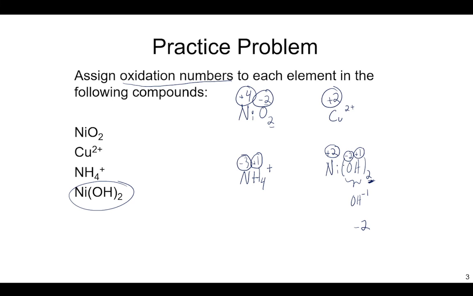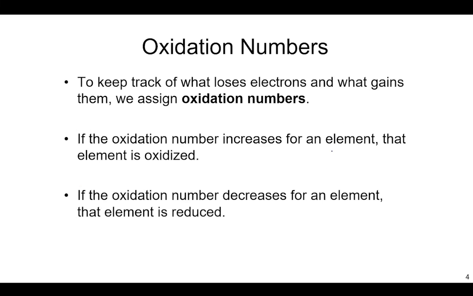Okay, now that we've assigned oxidation numbers, we're going to start to consider what happens from reactants to products. Do these elements, like nickel, go from a +2 state to a +4 state, or a +2 state to a +1 state? These oxidation numbers can change throughout the reaction due to the trading of electrons.